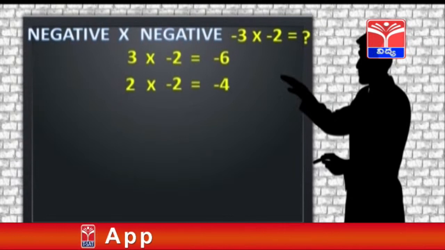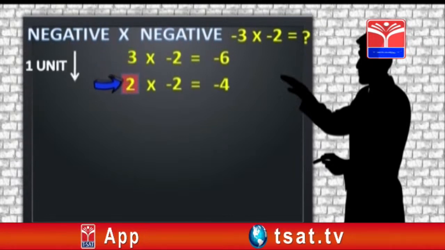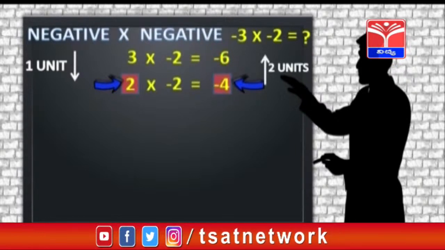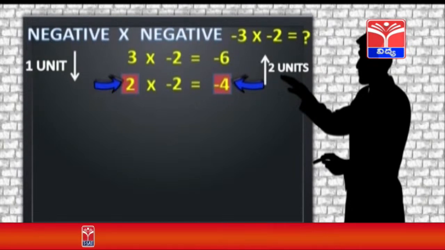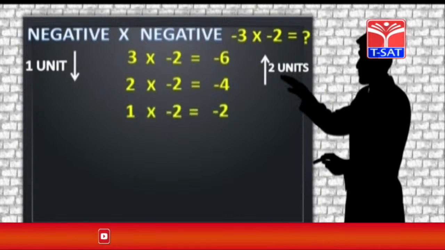That means on the left side again I decreased the value by 1 unit, but students, you observe in the answer the value is now increased by 2 units. So here the left side value is decreased by 1 unit, on the right side the value increased by 2 units. And continue this product, 1 times -2 is -2.